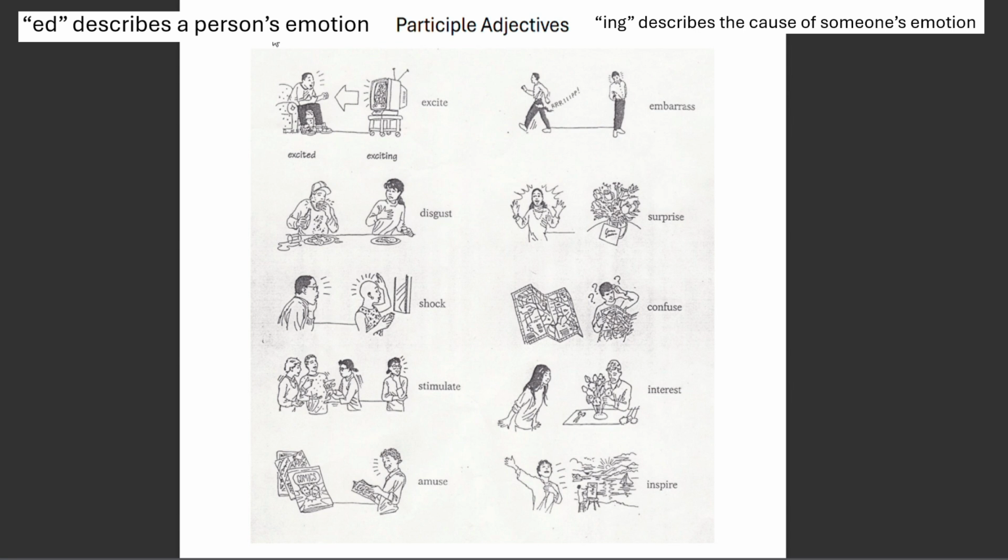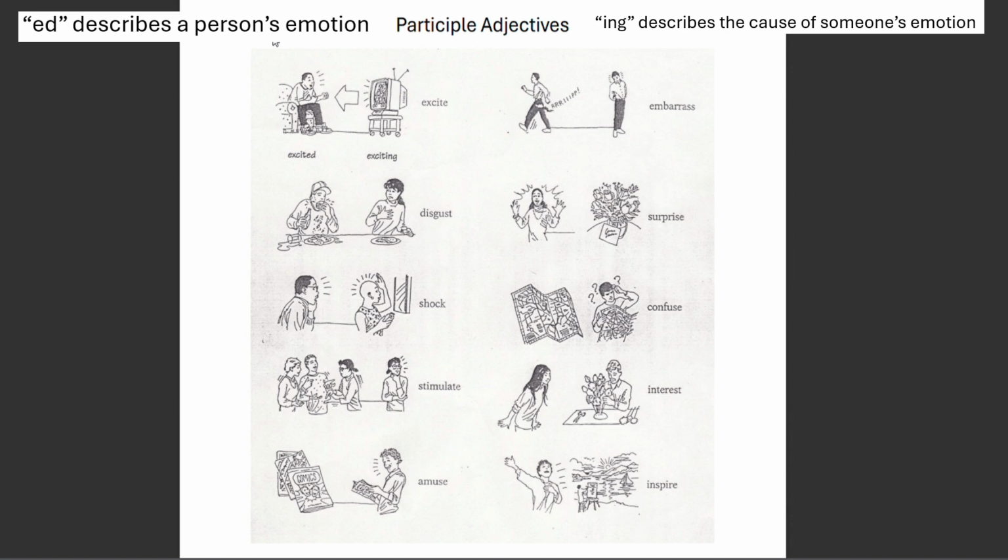Okay, stimulate. So maybe the girl on the right side is having the emotion. So we say she is stimulated. And what's the reason? She's having a nice conversation with her friends that is exciting. So we say the conversation is stimulating, right? Because we're describing the cause of the emotion.